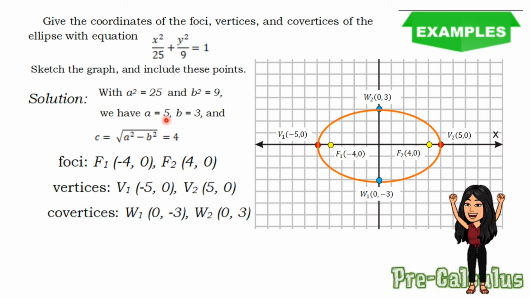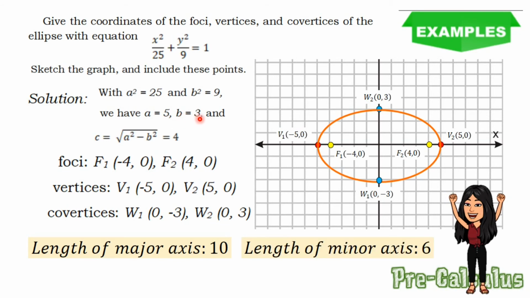So, 2 times 5, we will be having 10 as the length of our major axis. And then, if we are to find out the length of our minor axis, we must multiply the value of B by 2. So, 3 times 2 will be equal to 6. Therefore, the length of our minor axis is 6.